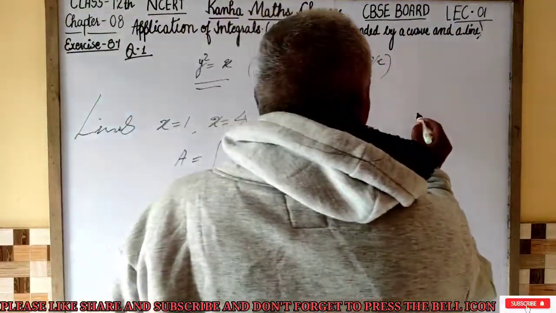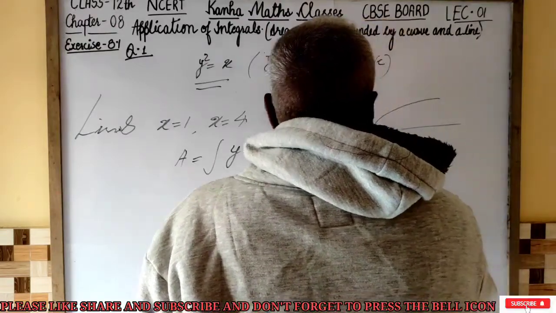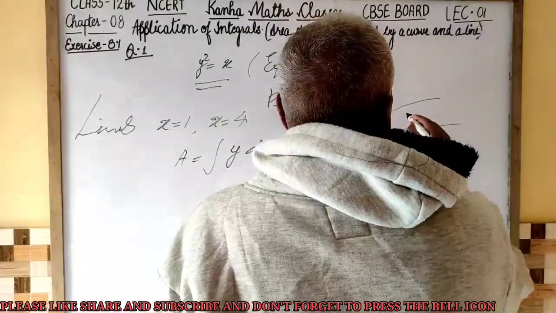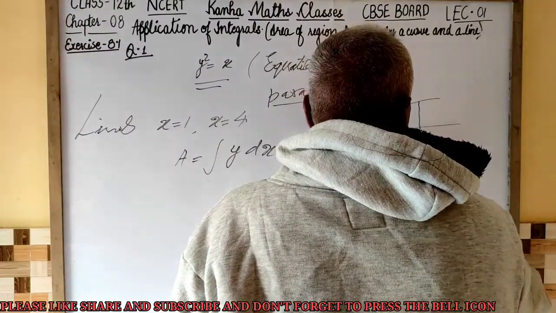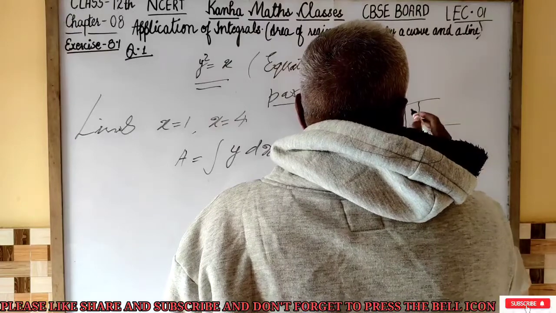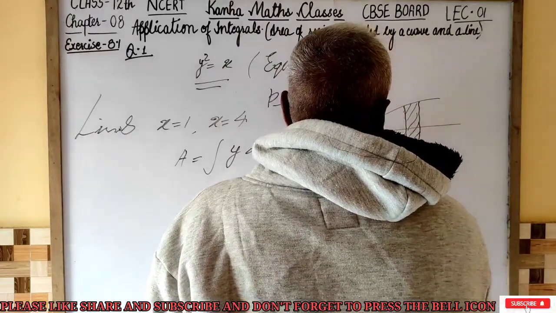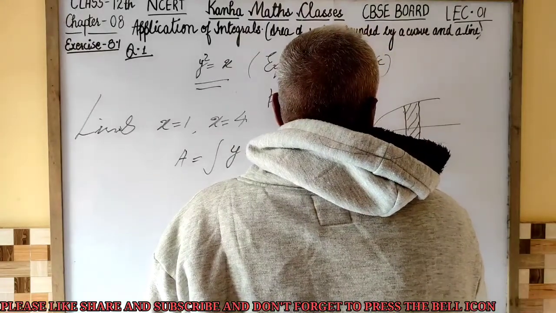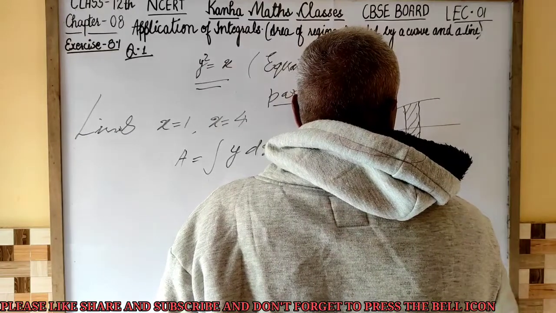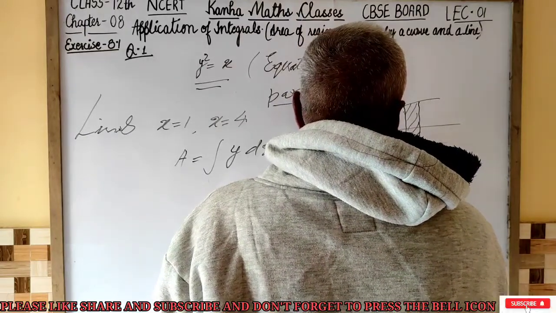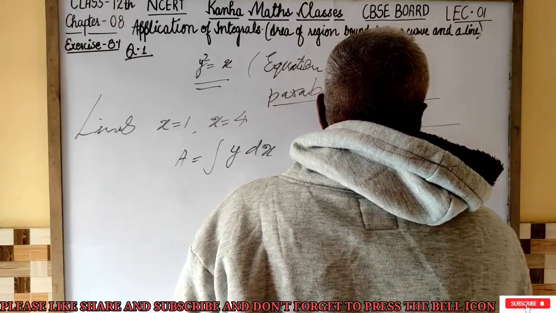If you take a clear idea and take this vertical strip, here is the origin, here x is equal to 1, and here x is equal to 4.